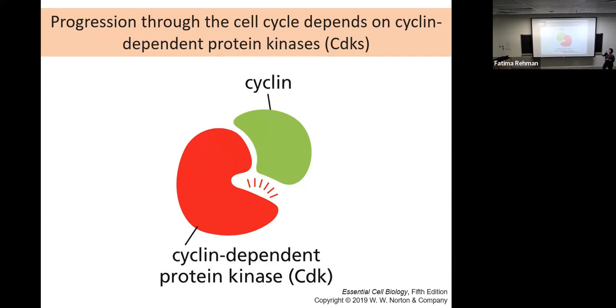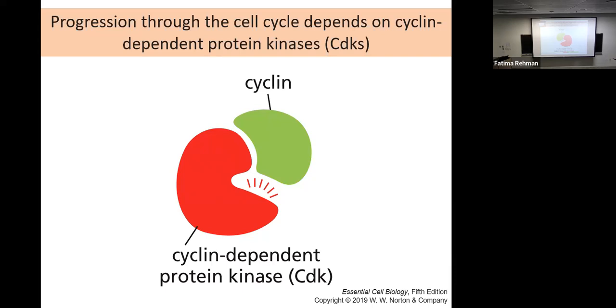They control the transition from G1 to S, maintain cells in S phase, G2 to M, all the different stages. They are controlled by a group of proteins called cyclin-dependent kinases or CDKs. Each cell cycle stage has a different cyclin and a different CDK attached to it, and those combinations control what's happening at any given time.